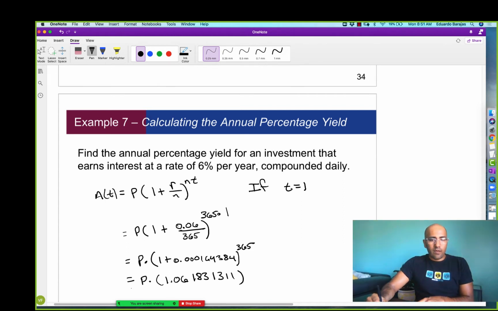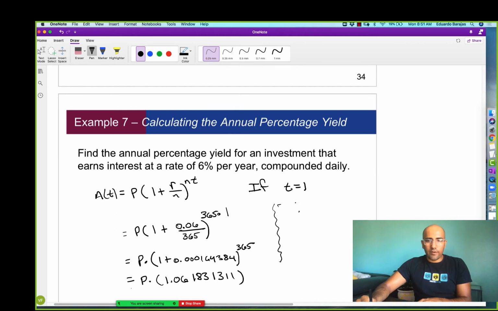Okay, so the principal amount multiplied by this decimal right here will be your amount at the end of 1 year if you have 6% annual compounded daily. Now, if you want to find the equivalent offer that's just annualized, then the formula would be really easy.